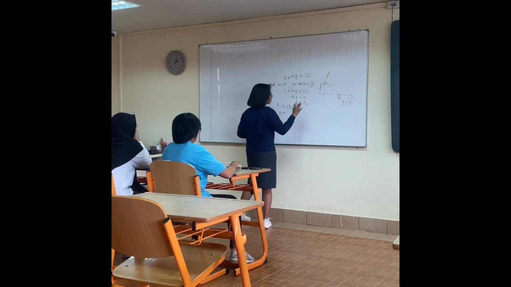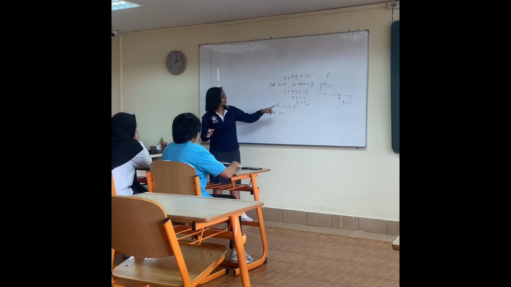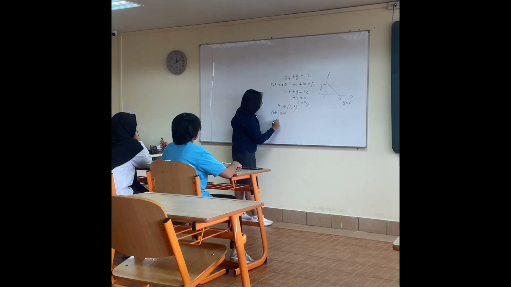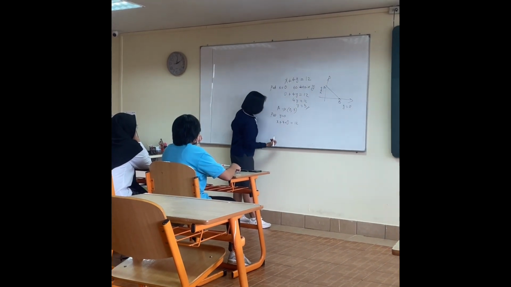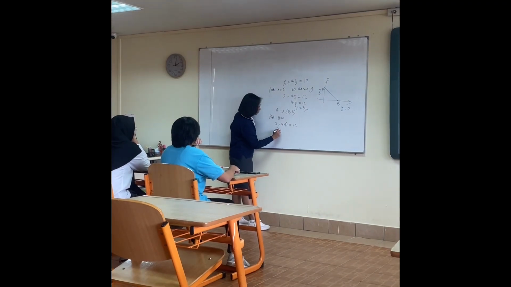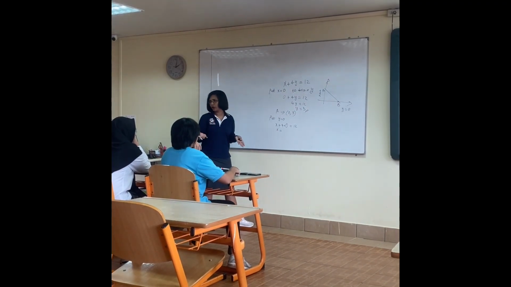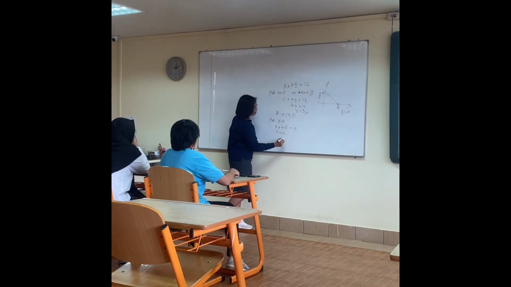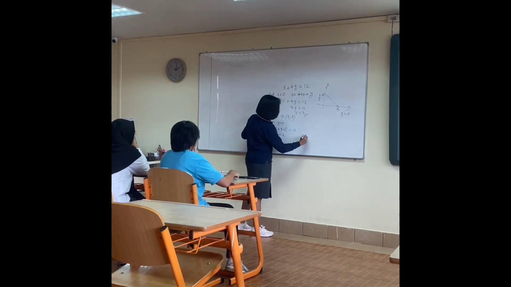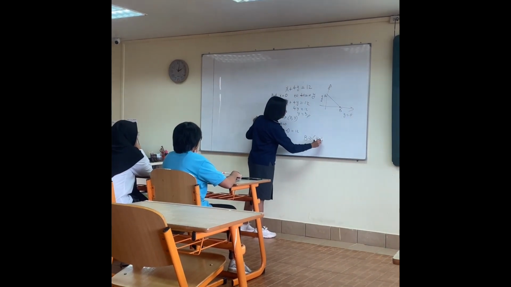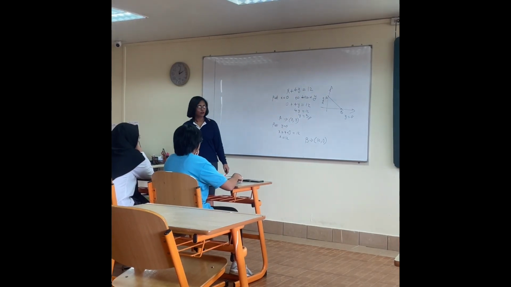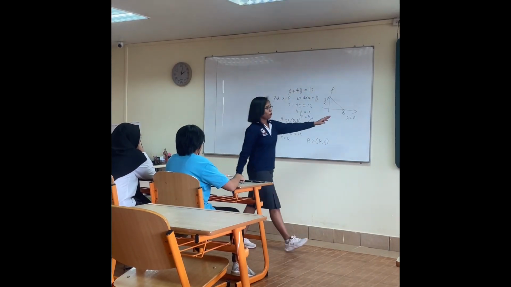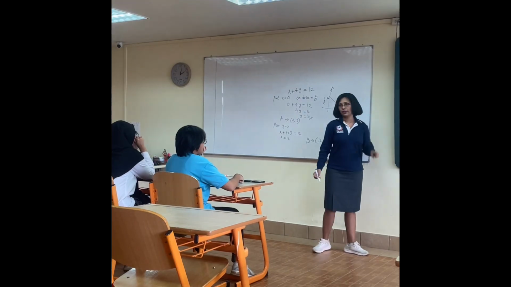That's the reason. Okay? So when you put y equal to 0, x plus 4 times 0 equal to 12, right? So x equal to what? 4 times 0 is 0. So x equal to 12. So what is your point B? 12, 0. Okay? Is it clear? So you have point A and point B.